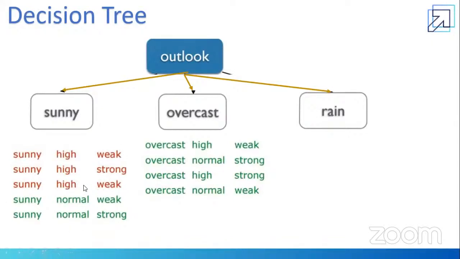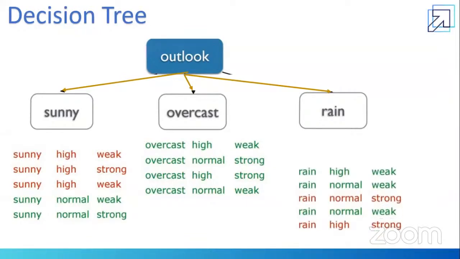But if the humidity is normal on a sunny day, the child can go out no matter whether the wind is weak or strong. If the humidity is high, whatever the value of wind is, the child cannot go out.